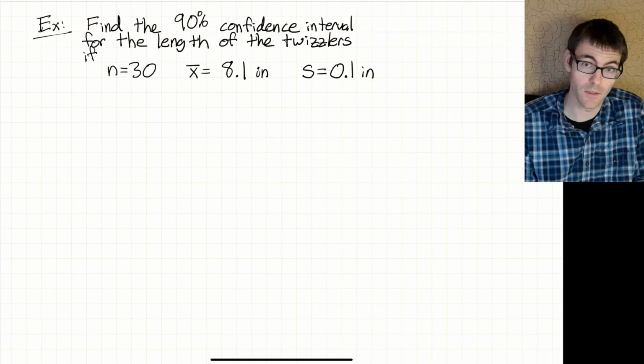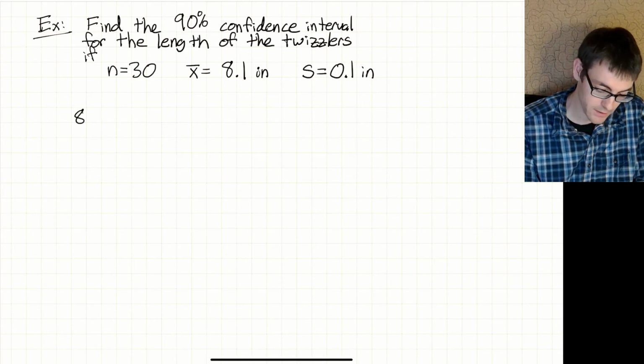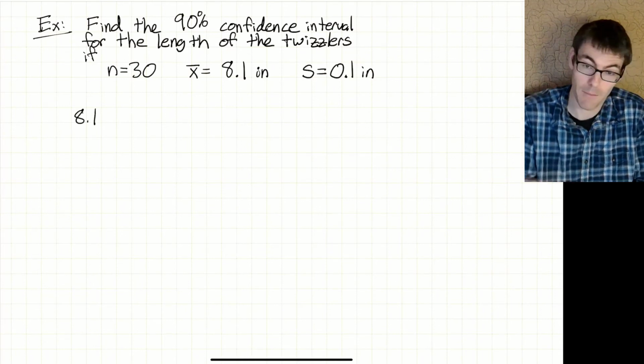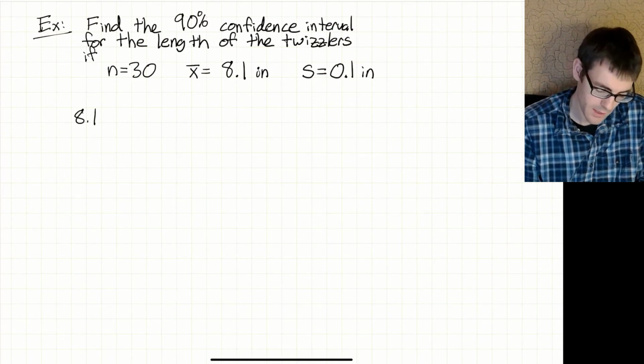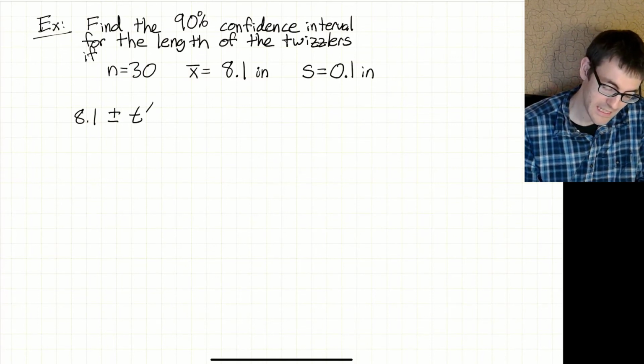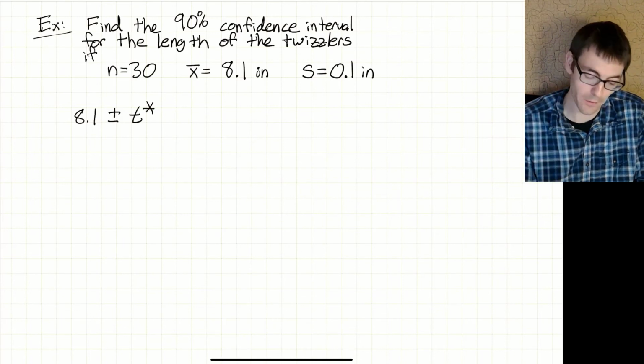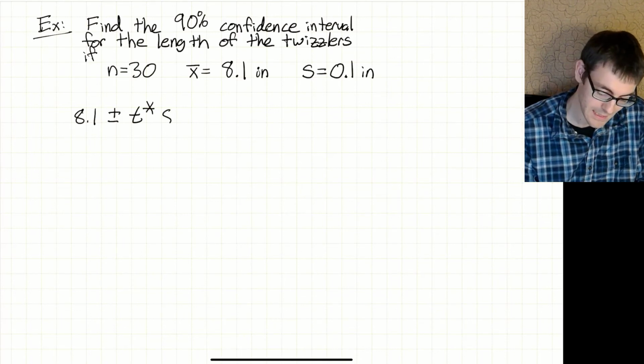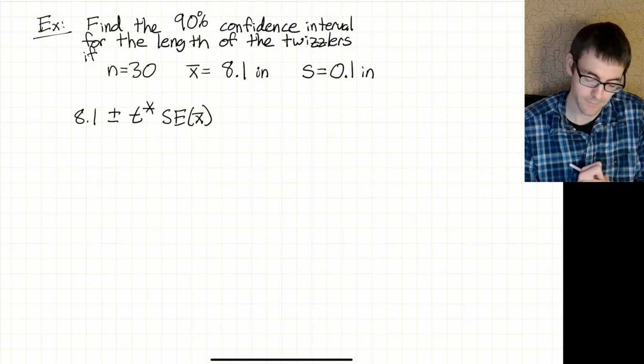Well, the confidence interval is our best guess for the population's average length. Our best guess is still 8.1 inches, give or take some amount. So give or take our t star critical value times the standard error of this sample.